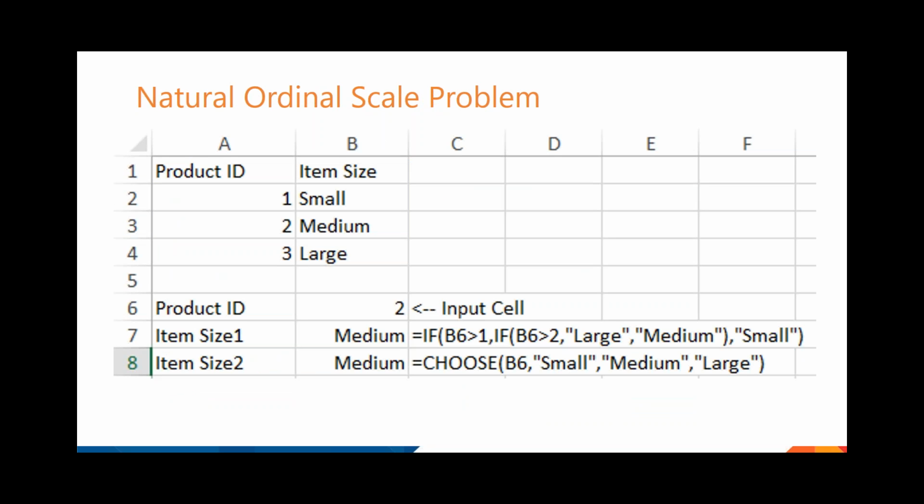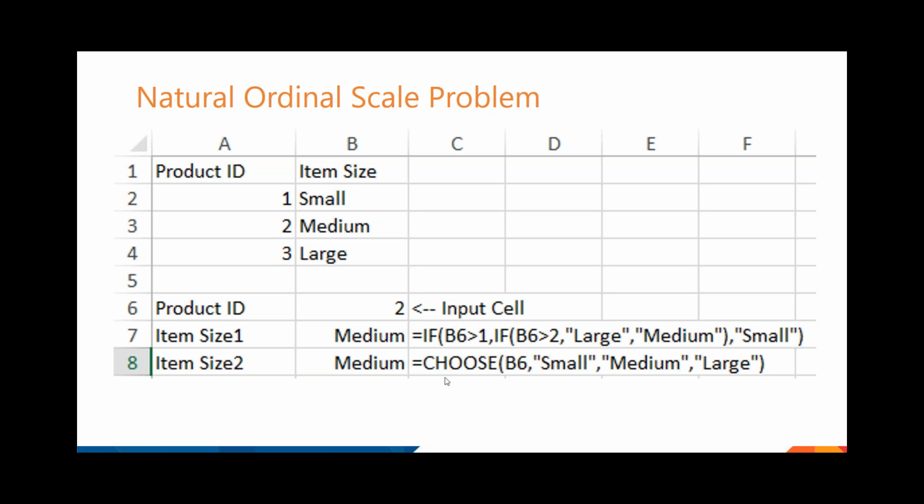Now let's take a look at another example, a very common one. I have different products, and I want to know whether I'm dealing with an item size of small, medium, or large. So if I look at cell C7 on here, I have that if formula. Again, is the reason that I have a large because I didn't get a medium? No, not necessarily. So this problem is actually much better represented by using the choose function.